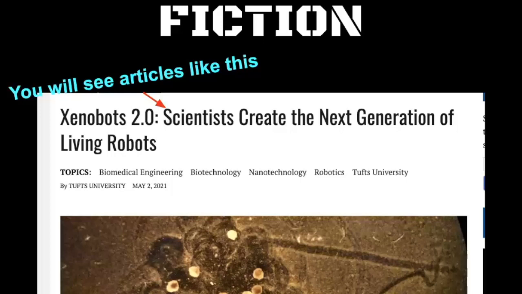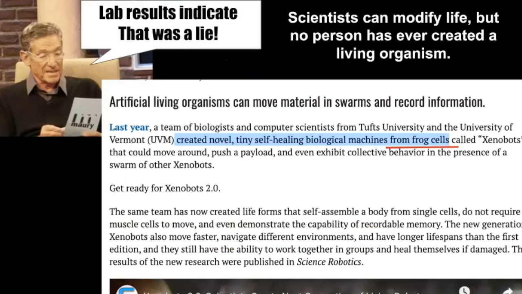But you will see articles like this one that say scientists have created the next generation of living robots. And they use that word create, and you picture them creating life, creating living robots. However, the lab results indicate when you read further into their stories that they aren't creating, but they are modifying cells, existing cells.